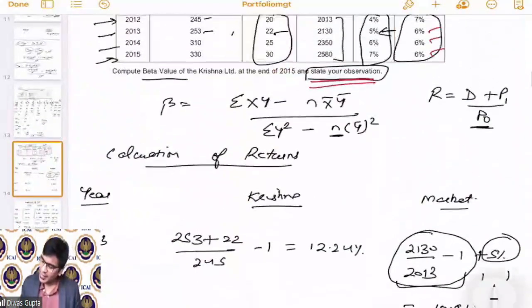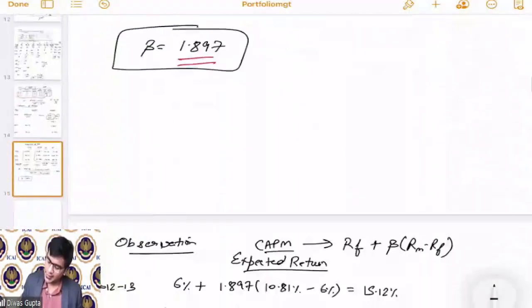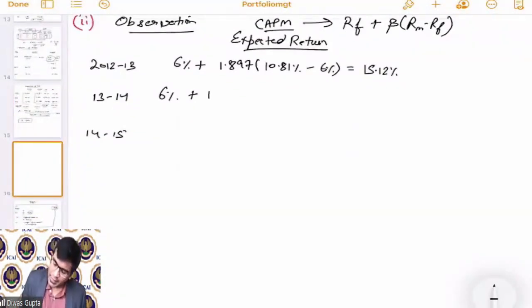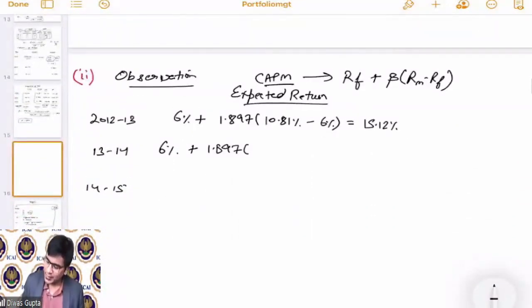If we see, the risk-free rate of return is 6% all across the 3 years. So the next one is 6% plus 1.897 times (what is the market return for the second year? 16.33 minus 6%). So this comes as 25.60%.